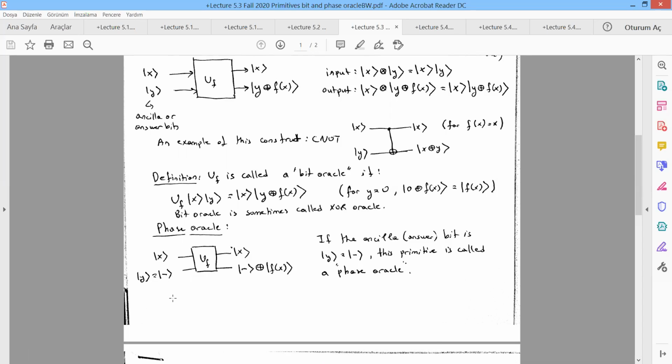It is important because we are going to see that using the |−⟩ state in the ancilla brings this output f of x as a phase in the output.